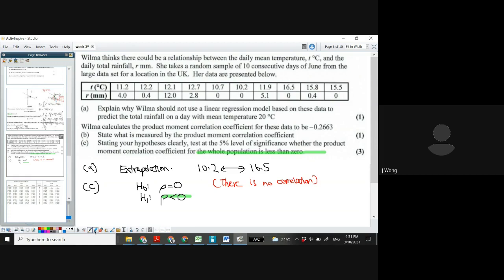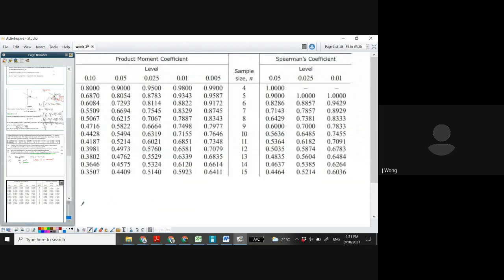Here, in order to finish this, we need to go to the formula booklet. This is the list that you're supposed to get. It is on page 39 or 40 or 41 in the formula booklet. This is a list of PMCC values.